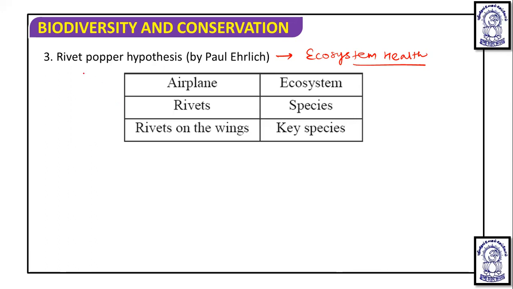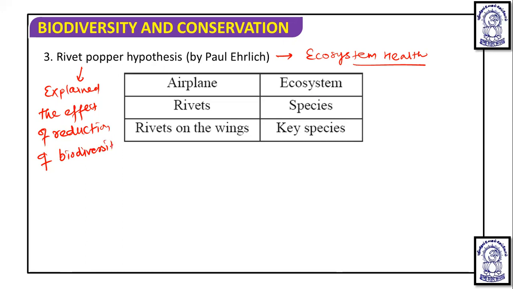So what does this Rivet-Popper hypothesis do? It explains the effect of the reduction of biodiversity. What does this reduction lead to? That is explained by this hypothesis.